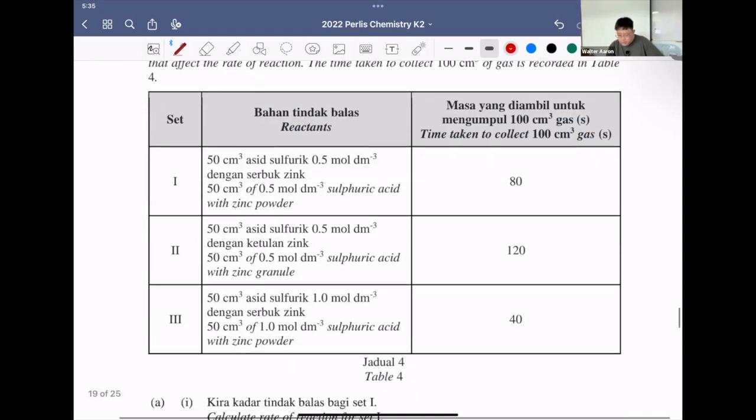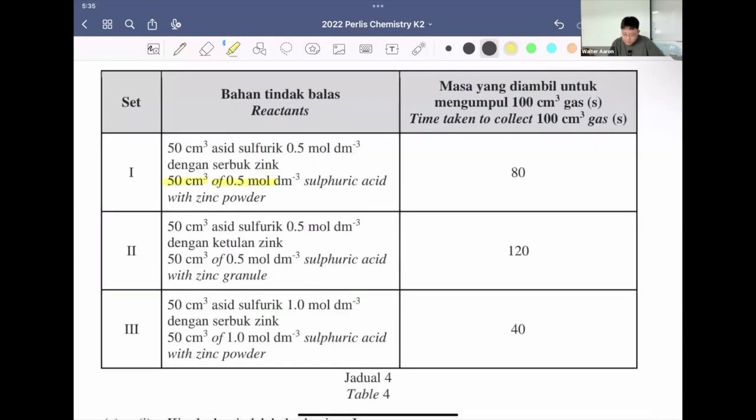So over here, you have 50 cm³ of 0.5 mol/dm³ sulfuric acid with zinc powder. Second one, you have the same concentration and volume of sulfuric acid with zinc granule. So one is powder and one is granule. And then the third one over here will be 50 cm³ of 1.0 mol/dm³ sulfuric acid reacting with zinc powder.